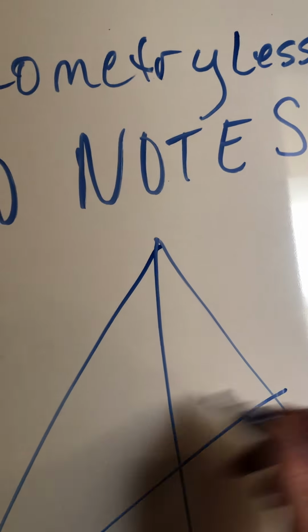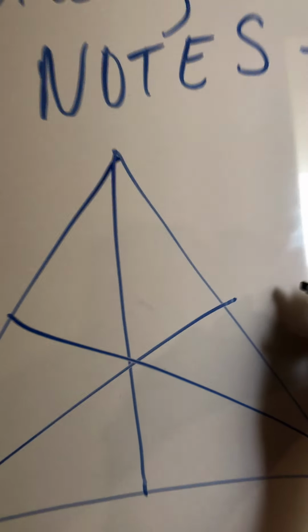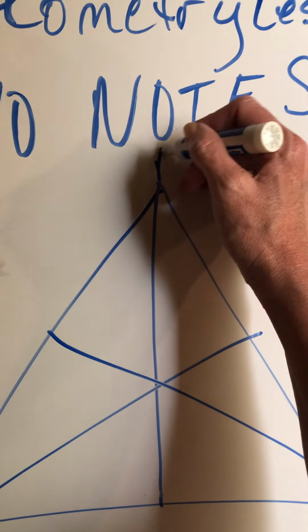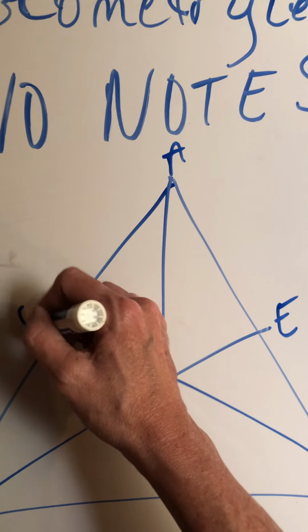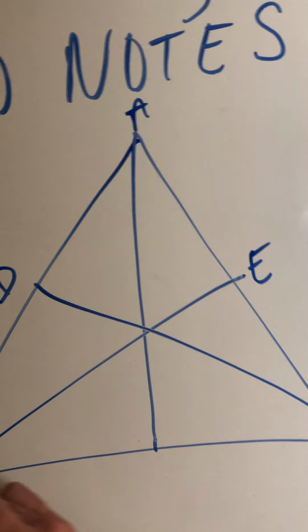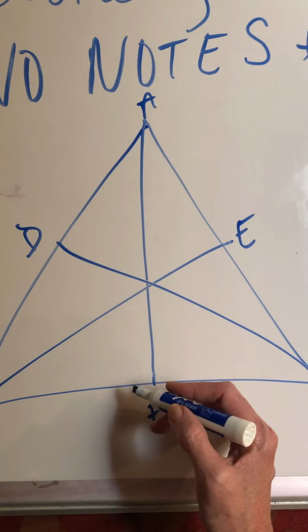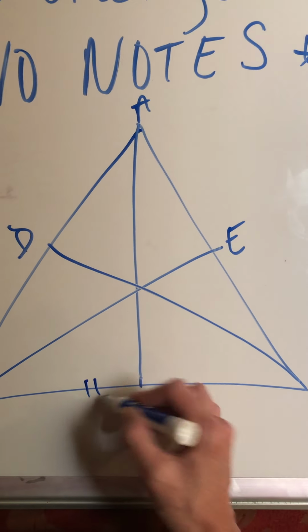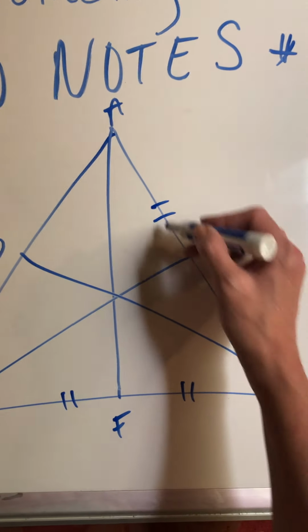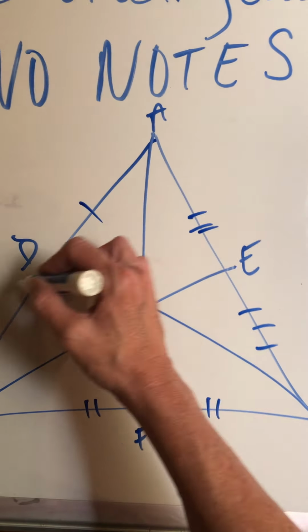And we are given that this is A, this is E, D, B, C, F. We know that it's a centroid because we've got congruent marks. I'm not sure that these are exactly the right congruent marks, but you can see it in your book.